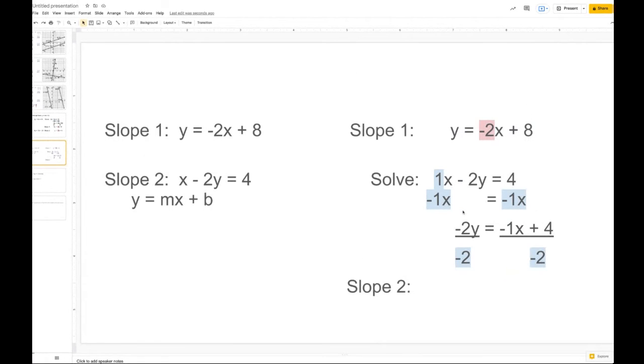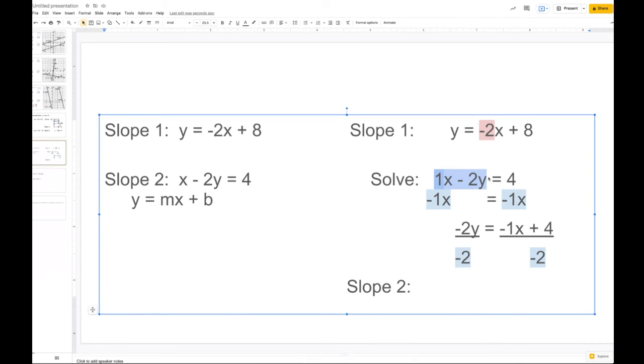To get rid of 1x, we have to minus 1x on this expression on the left. And since we minus 1x here, that's going to be 0. 1x and minus 1x is going to be 0. Of course, we're not going to write down 0 because that's redundant. That's not necessary. And here we're going to drop down negative 2y.